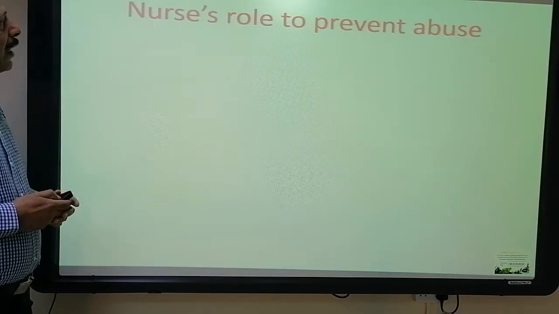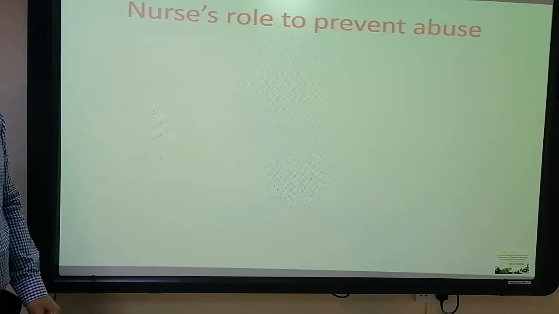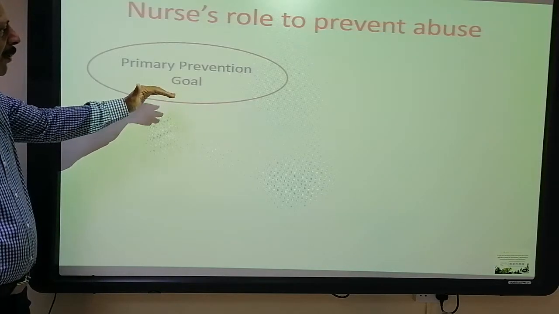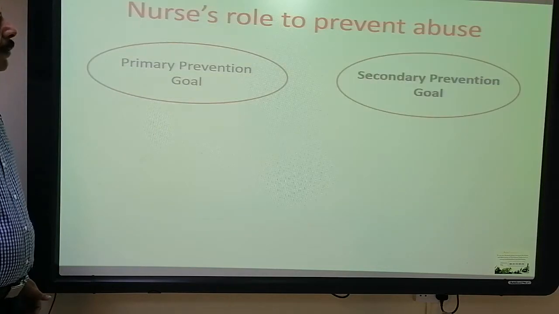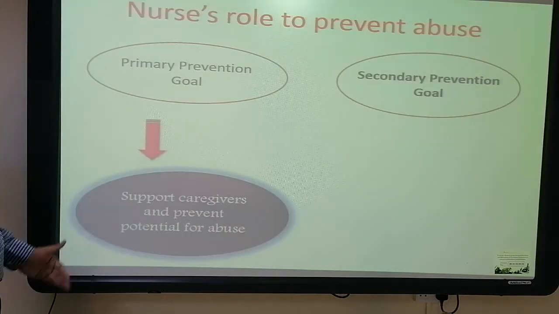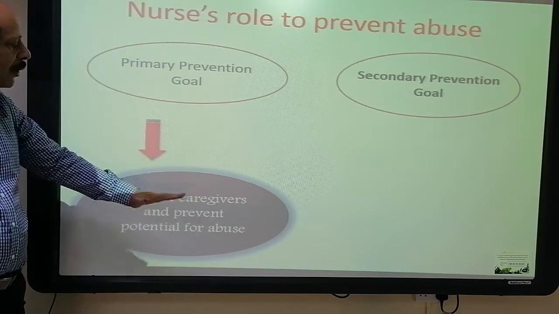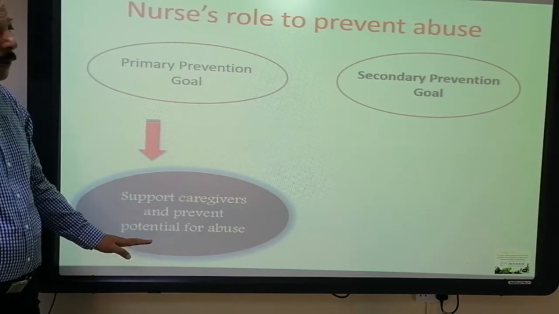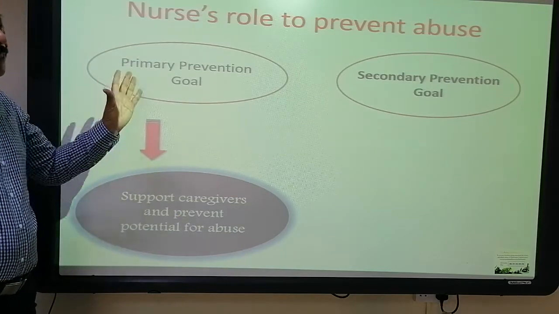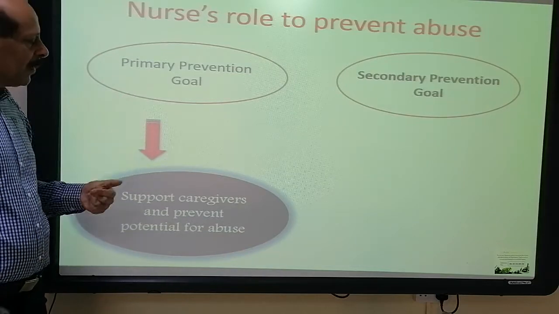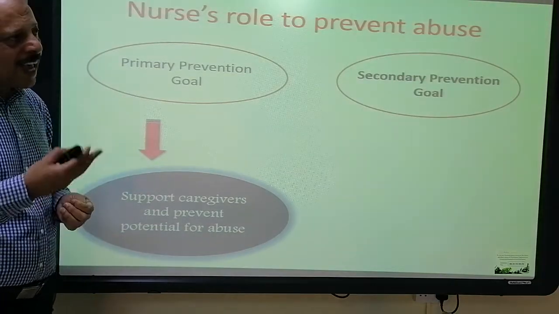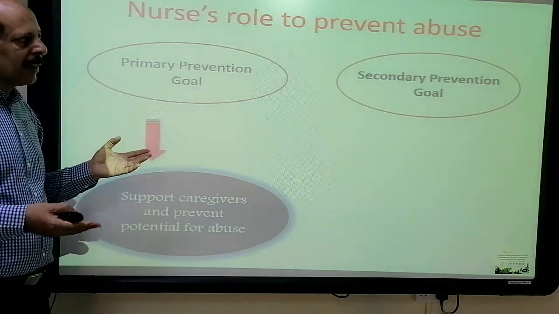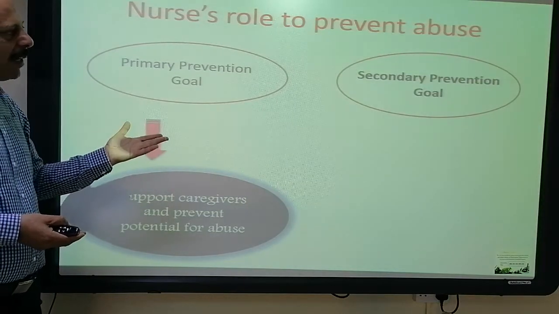Nursing role to prevent the abuse of the older person. There are primary prevention goals and secondary prevention goals. For primary prevention, we have to support the caregiver and prevent the potential for abuse. If the caregiver is getting some kind of support, it will enhance him to take care properly of their older family member.